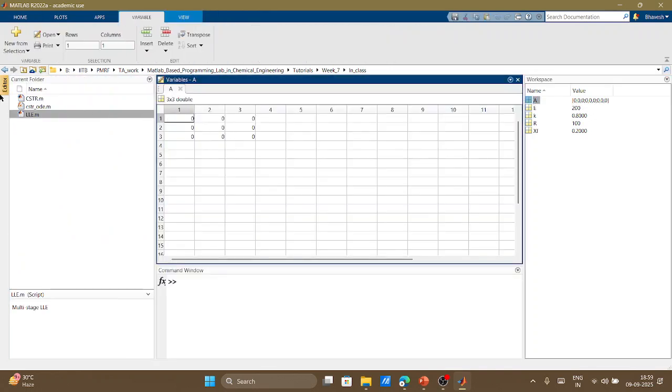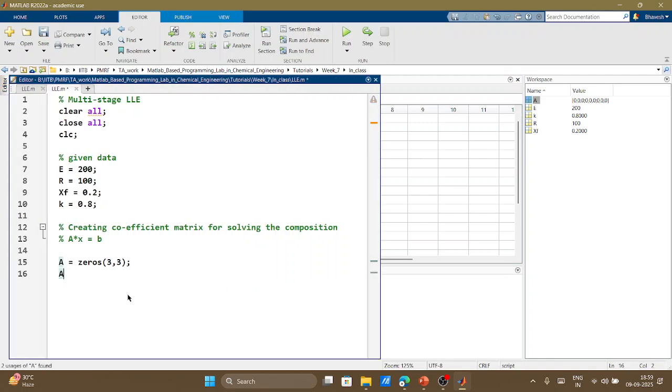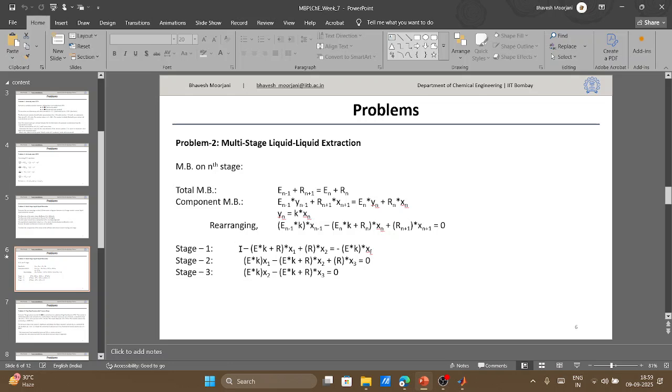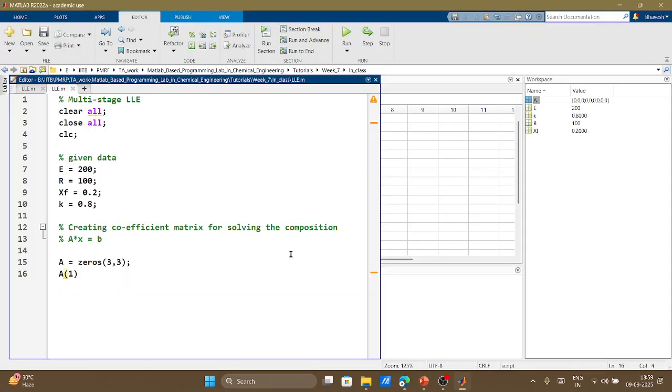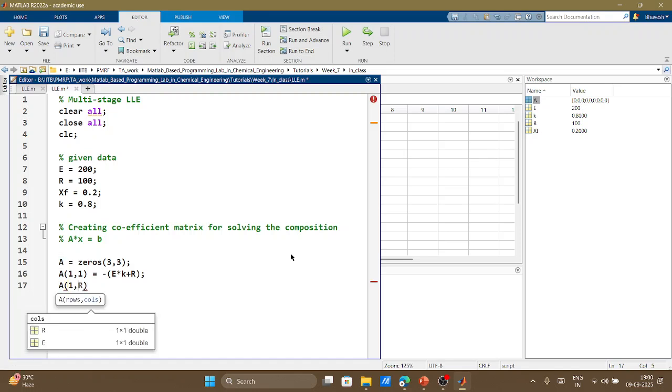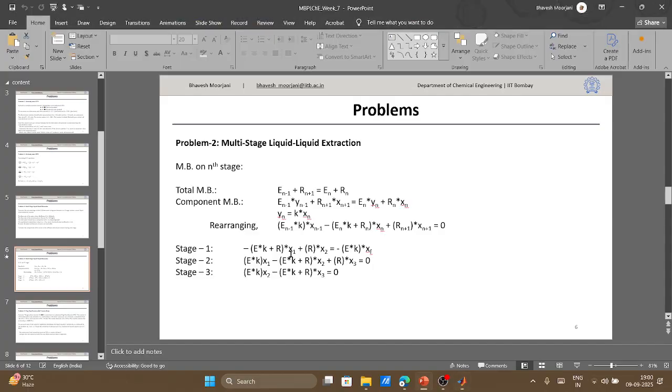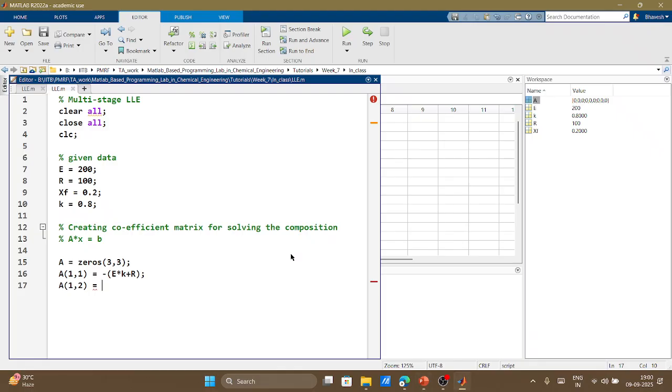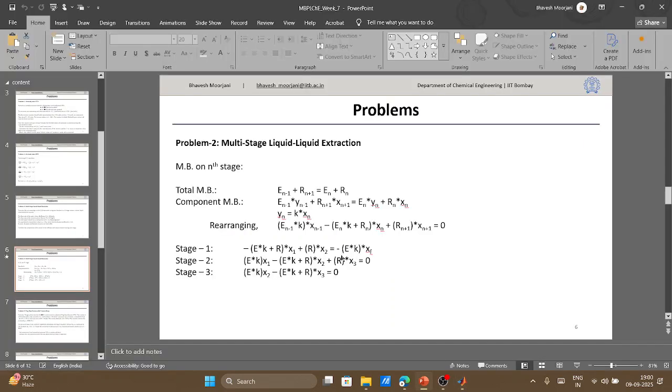Now for all the corresponding entries, I will put the coefficient value. So A(1,1), which corresponds to x1, is given as minus E into K plus R, right? A(1,2), which corresponds to the coefficient of x2, is given as R. A(1,3), coefficient of x3, is 0 here, right?